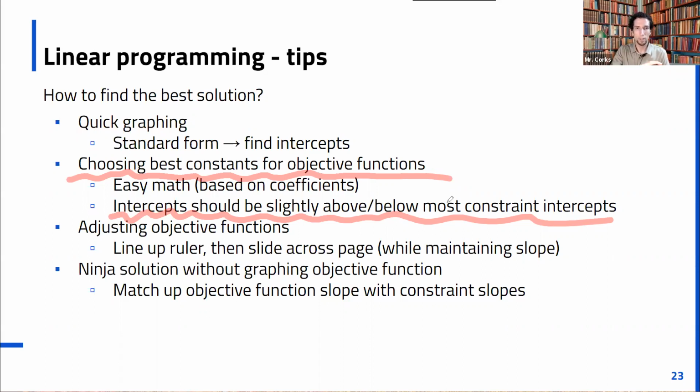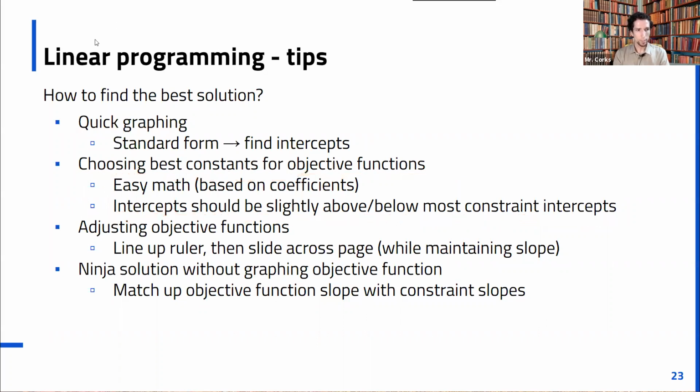If it's a minimization problem, you want one that's a little below that middle area because you want to be below the feasible region. If it's a weird problem with a weird feasible region, then just get it nearby and see what it looks like and then adjust from there as needed.